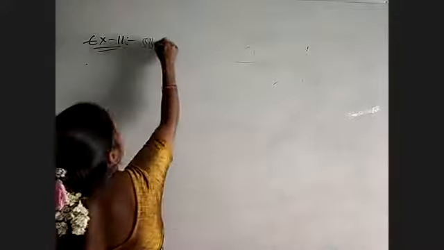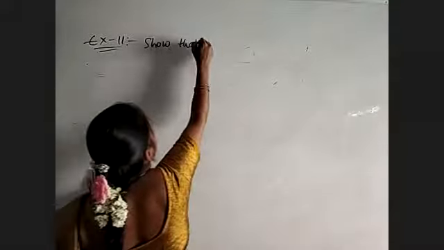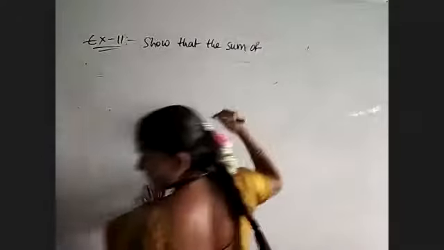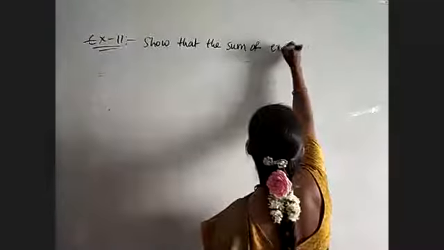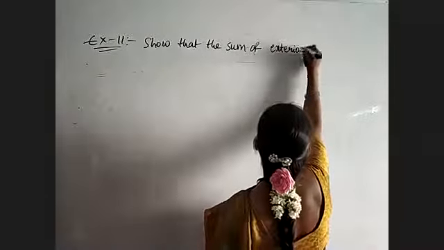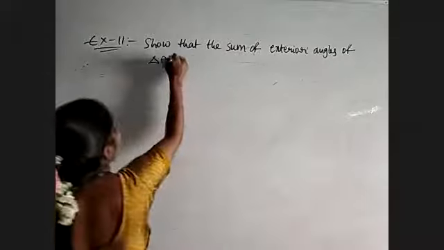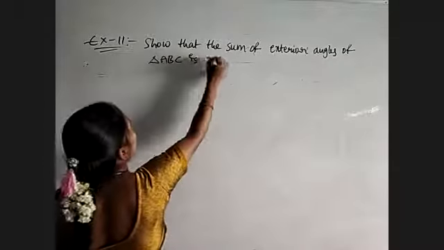Show that the sum of the exterior angles of a triangle ABC is 360 degrees.